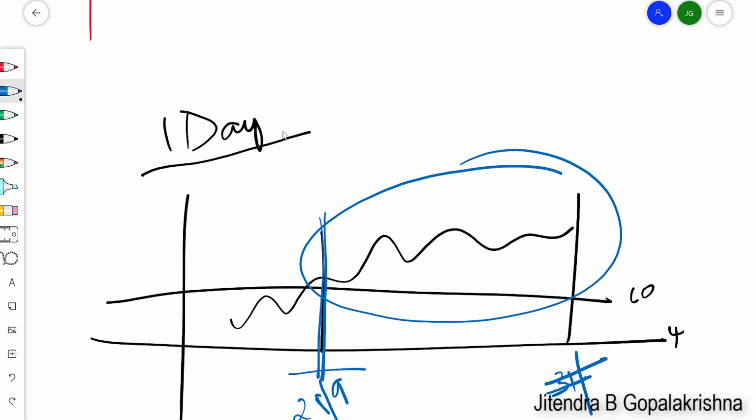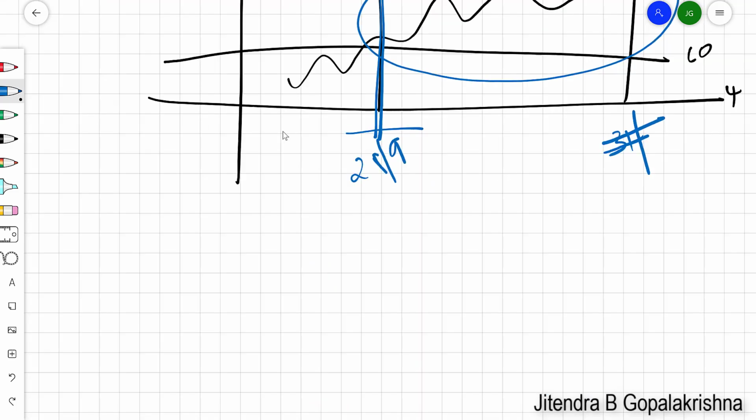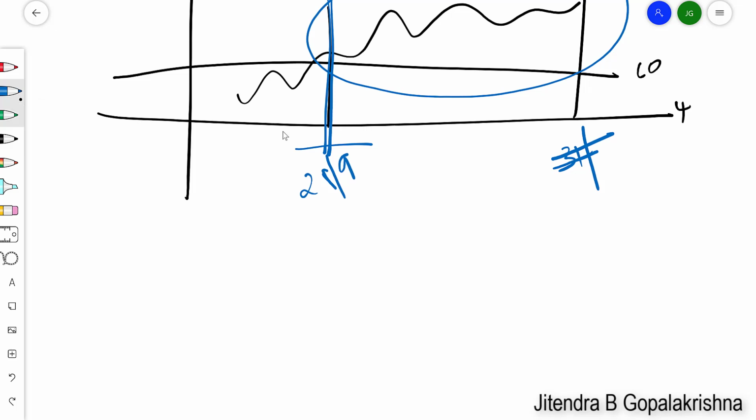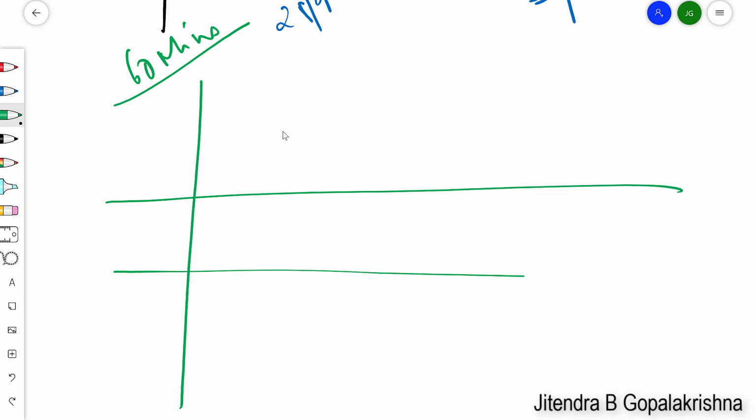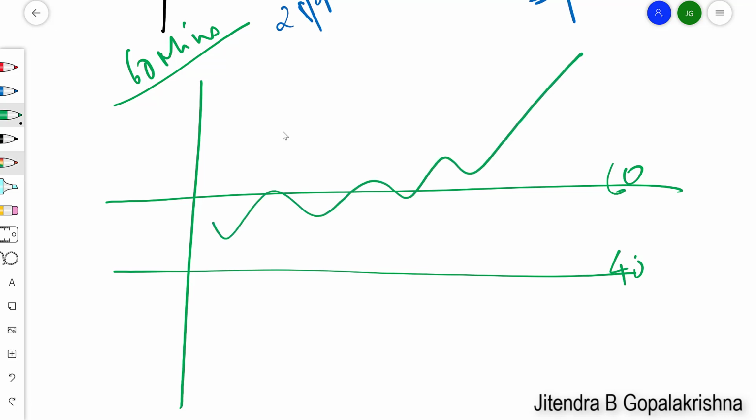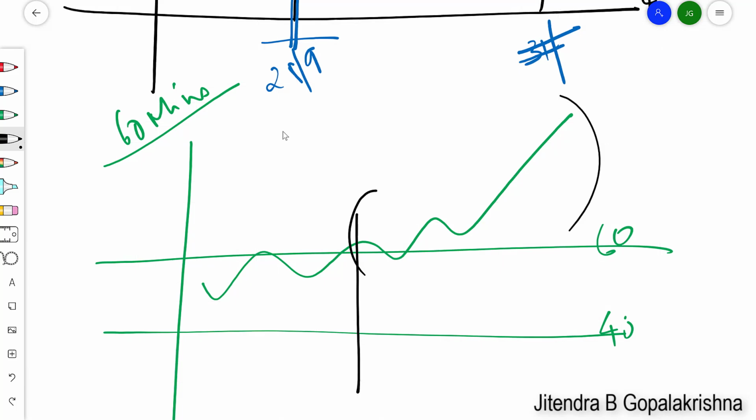So once you have noted that, next you will come to 60 minutes time frame, and you will look at the same RSI in 60 minutes time frame to see from when is it above 60. This could be here, it started from 21st 9.